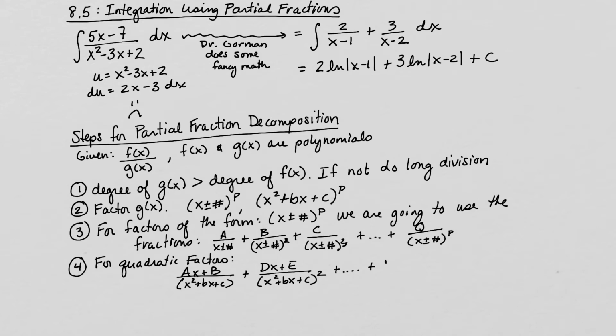So maybe it's wx plus y over x squared plus bx plus c to the p power. So basically for quadratic factors, we have to take the quadratic factor and raise it up until the power we get to. But on the top, rather than just simple variables, we have to have linear factors on top. So it's ugly. It's just terrible to write down what we're doing.